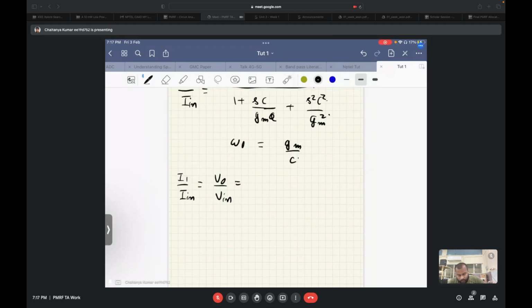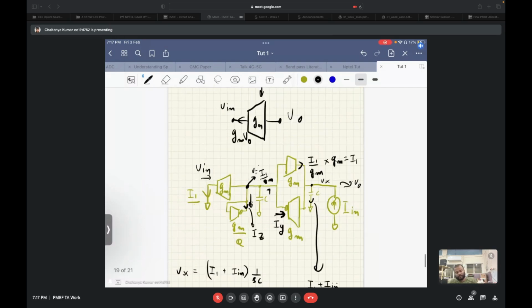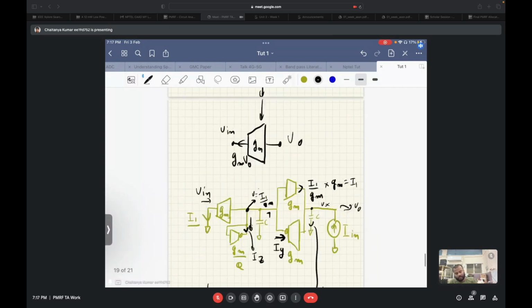Considering that, it is equal to minus of 1 upon S squared by omega naught squared plus S by omega naught Q plus 1. So this is what we get, and this negative sign is because of the signs of these GMs.